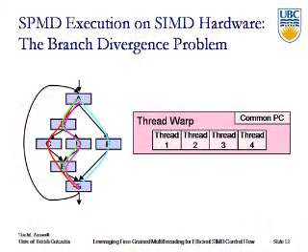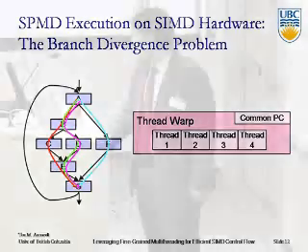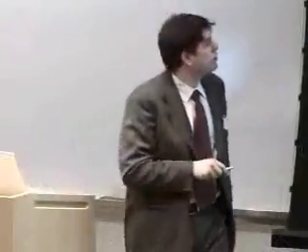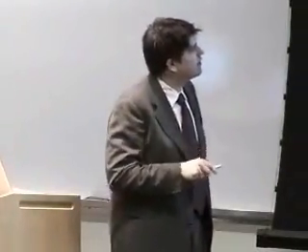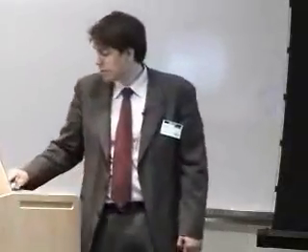Let's take a look at the branch divergence problem in a little bit more detail. Here I've got a slightly more complicated control flow graph, an if-then inside of an if-then and a loop. Let's imagine we have 4 threads, and they all want to execute this control flow graph.